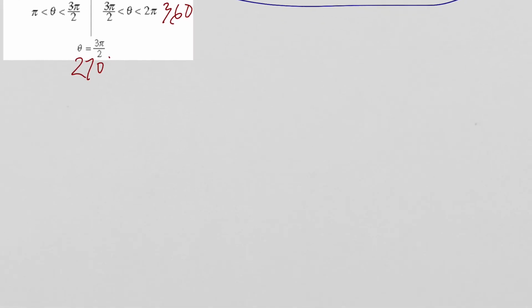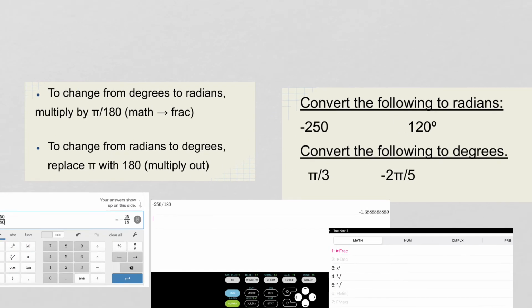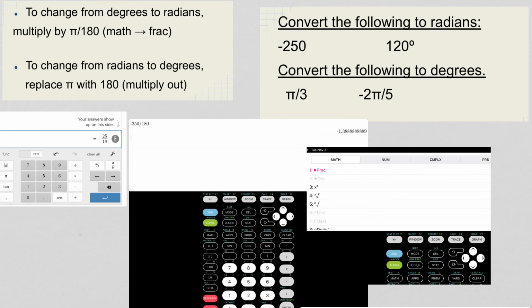Okay. So up here, we are going to convert the following to radians. So the first one I'm going to do is negative 250 degrees. So to change from a degree to a radian, we're going to multiply it by pi over 180. So you'll want pi left in your answer.